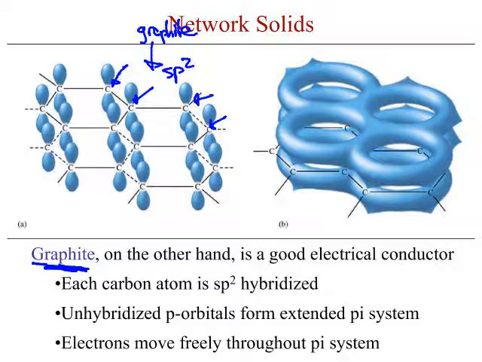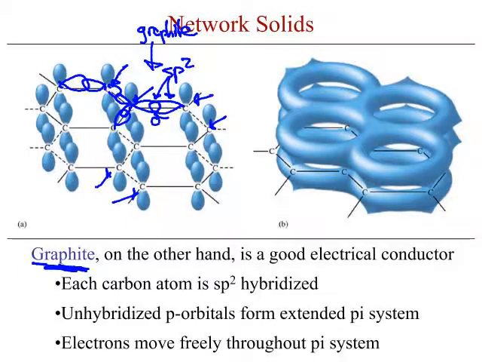So if we look at this whole piece of graphite, this is really like one big carbon molecule where the carbon atoms are all attached to each other through sigma bonds. Here we have a sigma bond formed from the overlap of these sp2 hybrid orbitals, and here we have another sigma bond that holds the carbons together, and another, and another sigma bond that holds these together right here.